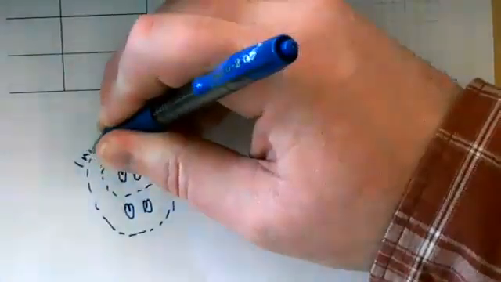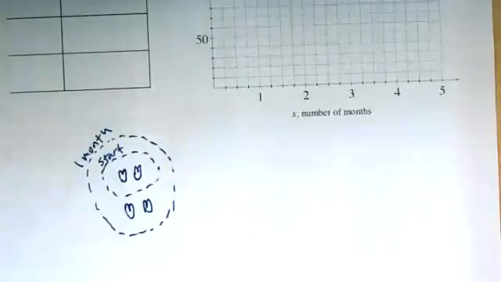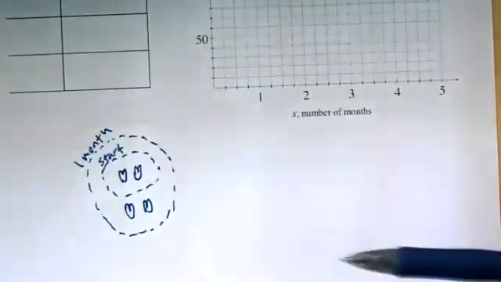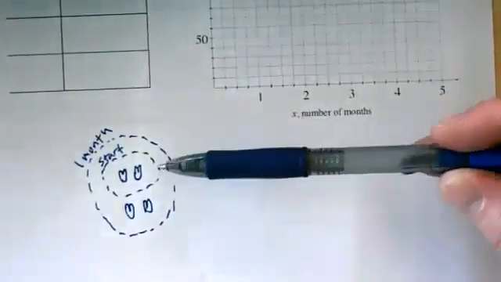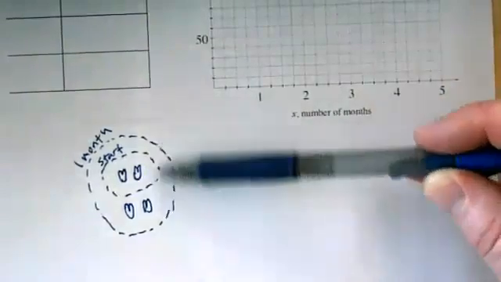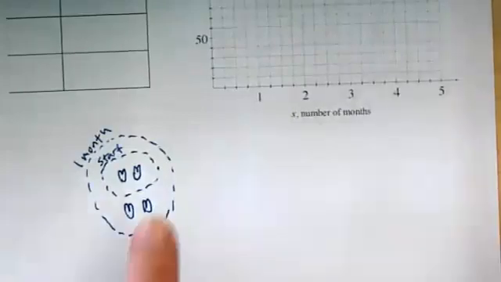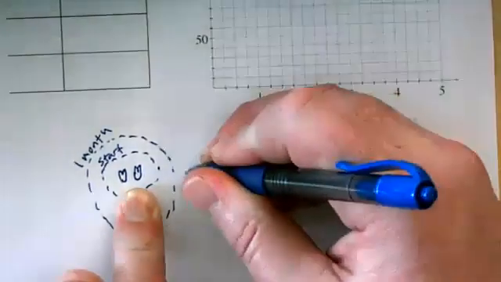Ooh, I love that you're already starting to think about patterns. That's going to be super important. So let's keep going with this. So what's going to happen at the end of the second month? So it says each pair, how many pairs do I have here? I got 2 pairs, right? Each pair is going to have 2 more bunnies. So this pair is going to have 2 bunnies.